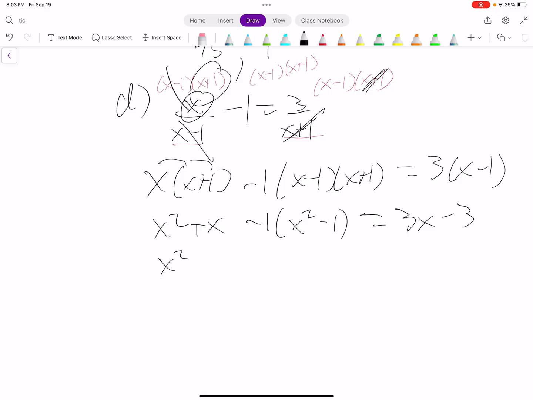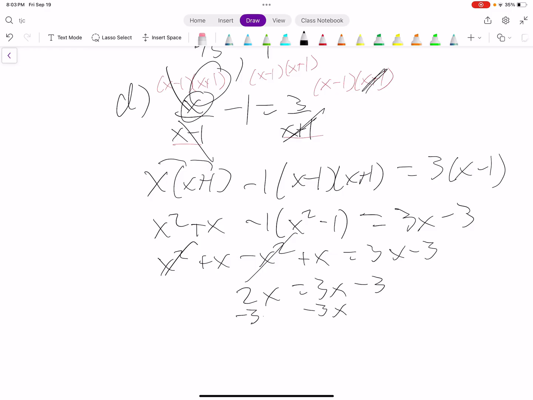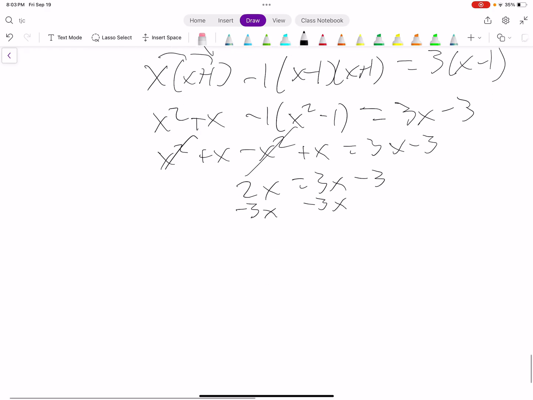So this will give you x squared plus x minus x squared plus x equals 3x minus 3. Notice the x squared is canceled, which is nice. Then we end up with 2x equals 3x minus 3. Subtract 3x from both sides, and you get negative x equals negative 3. Divide both sides by negative 1, you get x equals 3.